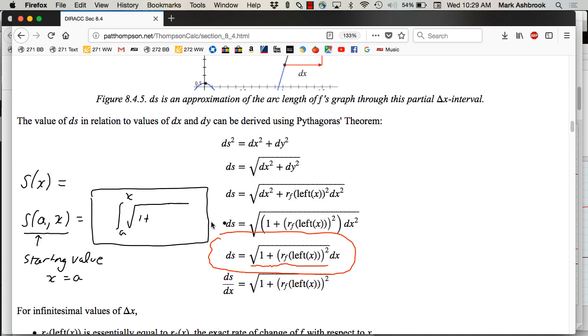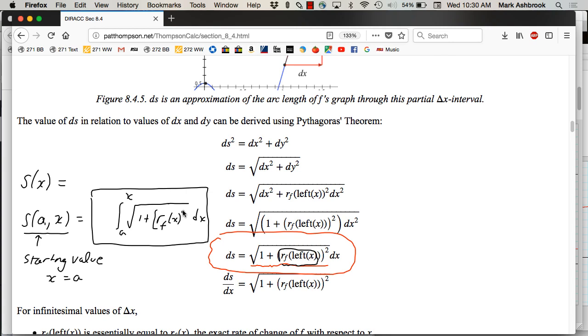Oh, so we forgot to make things small. What does r sub f of left x become when the intervals get really small? r sub f of x. Just imagine a zillion little intervals now. Just looking at the rate at the left side of every interval, when the intervals get super small, it's just like looking at every rate, right? So what's that? Exact rate of change. Yeah, just r sub f of x, right?